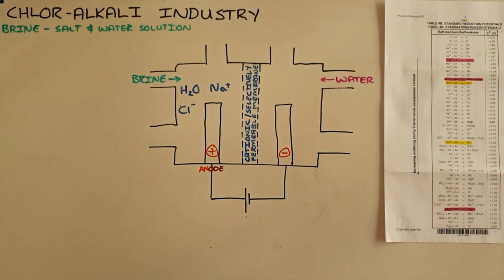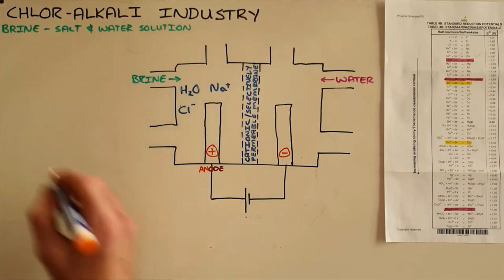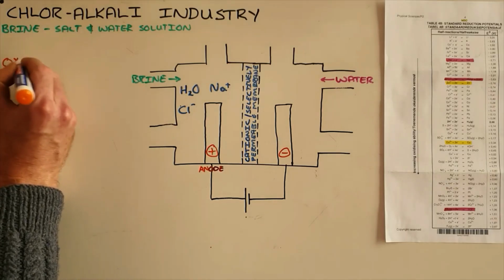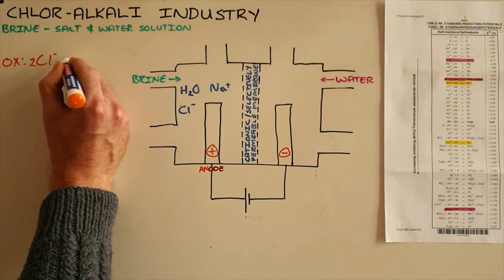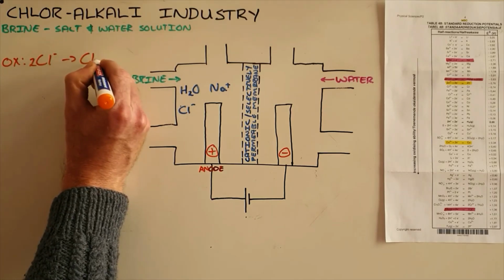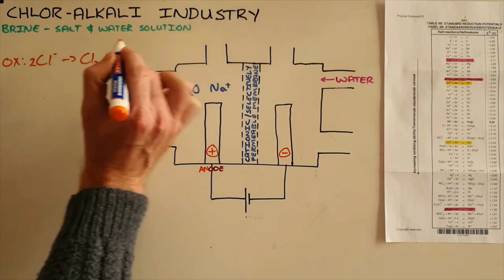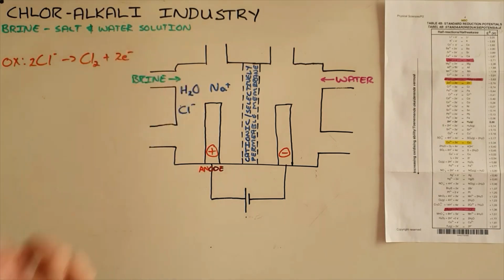When we read this table from right to left, we are reading the oxidation reaction, which means that we do not have any solid sodium present, we do not have any hydrogen gas present, we do have chlorine ions present, which means that our oxidation half reaction is going to be the oxidation of our chlorine ions, where they form chlorine gas along with 2 electrons.